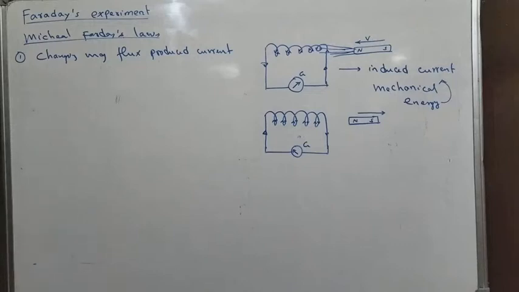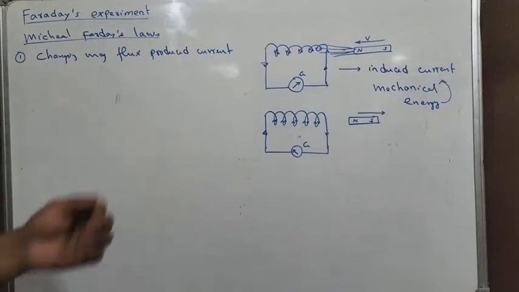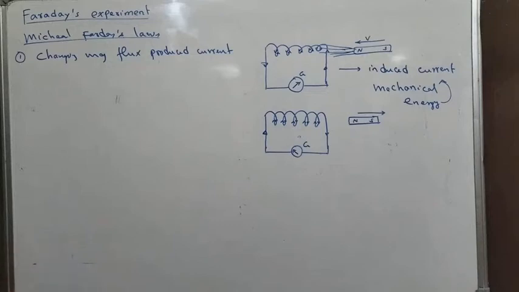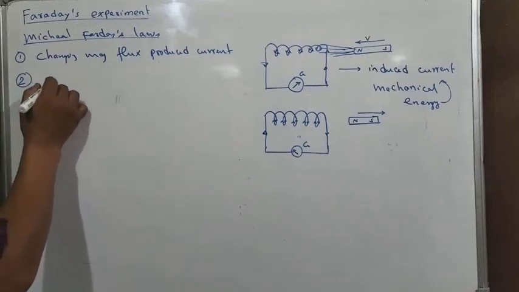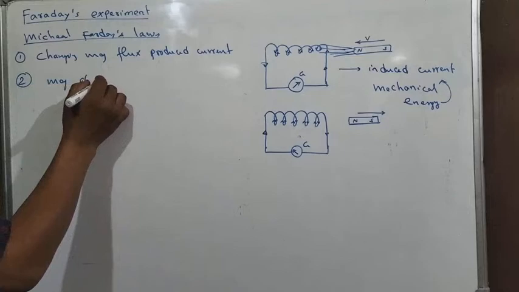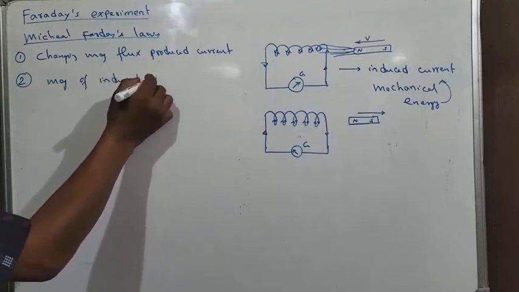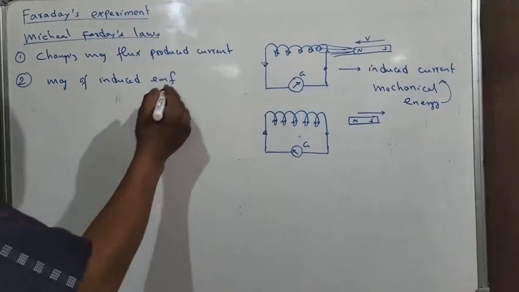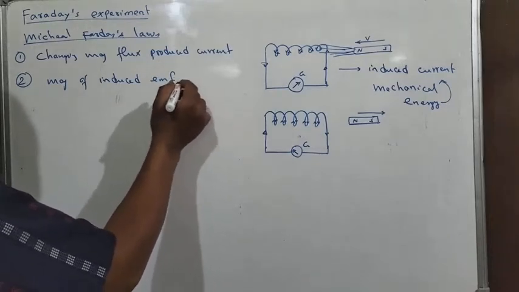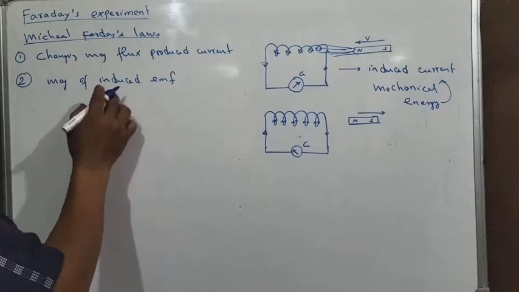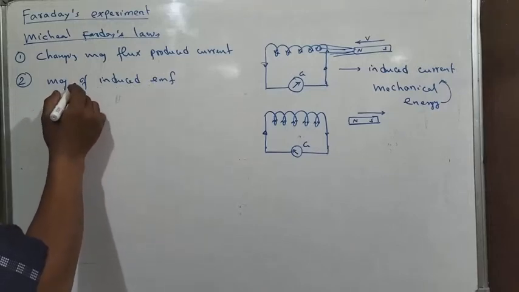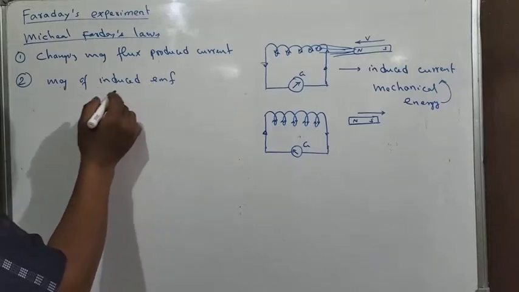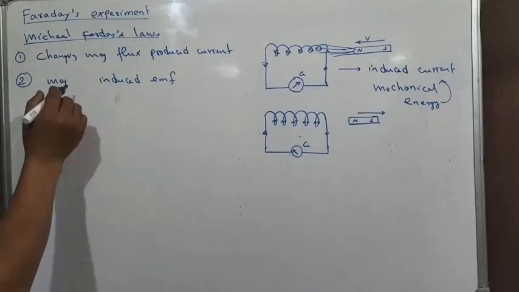Second law. The second law says that the magnitude of the induced EMF is directly proportional to, or equals to, the rate of change of magnetic flux linked with the coil. Sorry, I made a mistake.